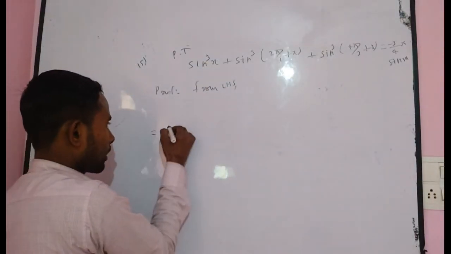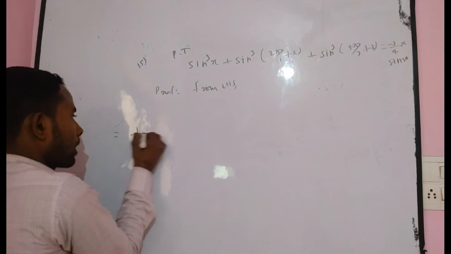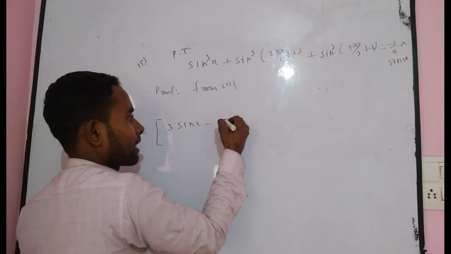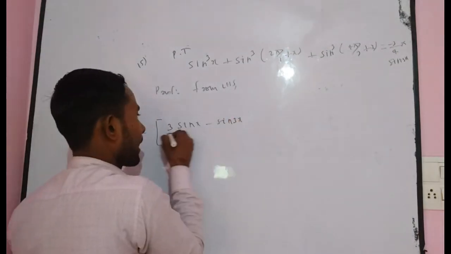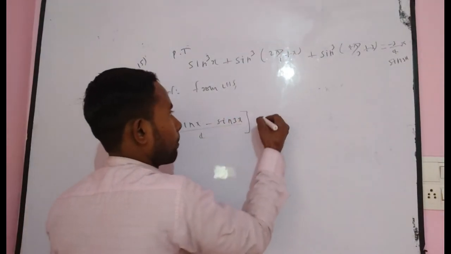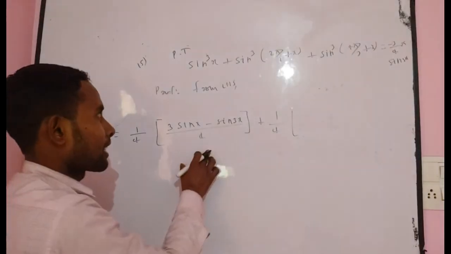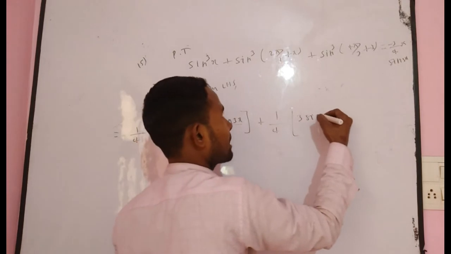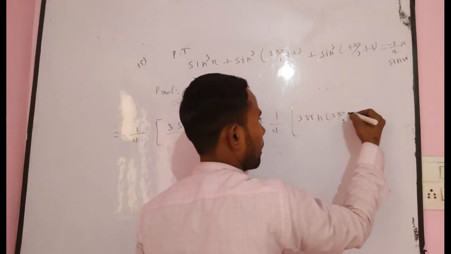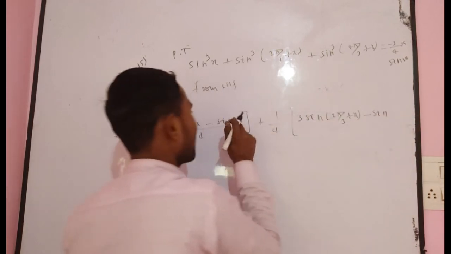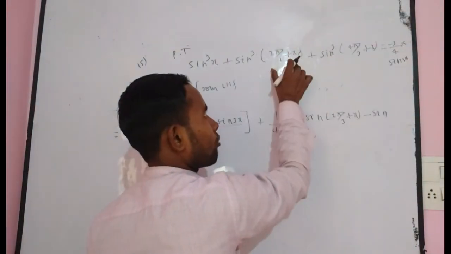Sin³x is equal to 1/4 times (3 sin x − sin 3x), plus 1/4 times 3 sin(2π/3 + x) minus sin 3x, where in this angle you have to multiply by 3.